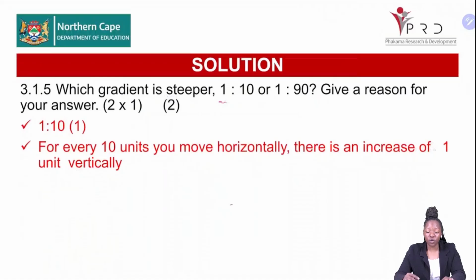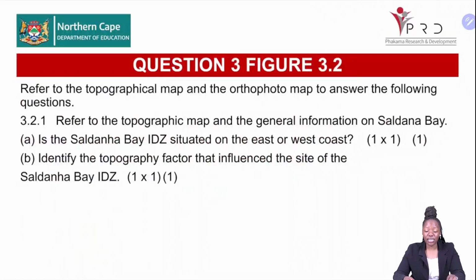of 1 unit vertically. Then we're looking at our figure 3.2. In our figure 3.2, you refer to the topographical map and the orthophoto map to answer the following questions. Your 3.2.1, refer to the topographical map and general information on the Saldanha Bay.